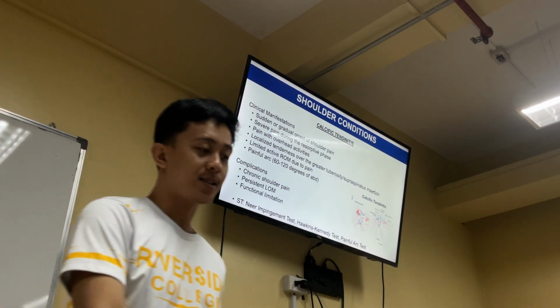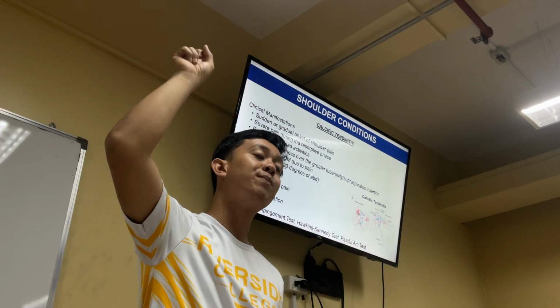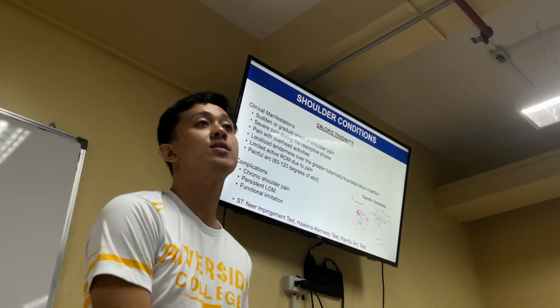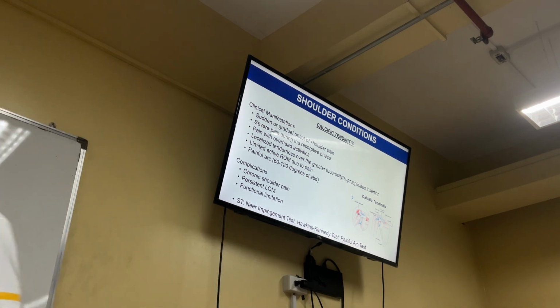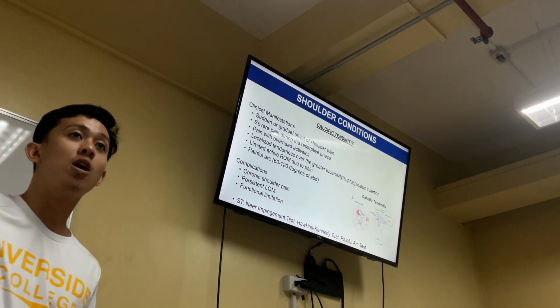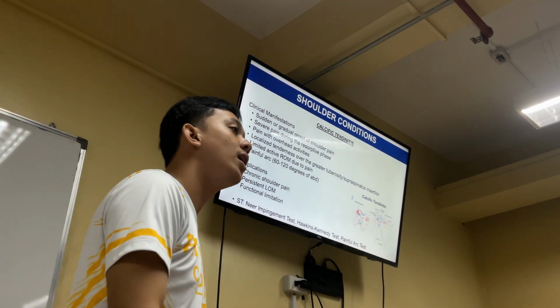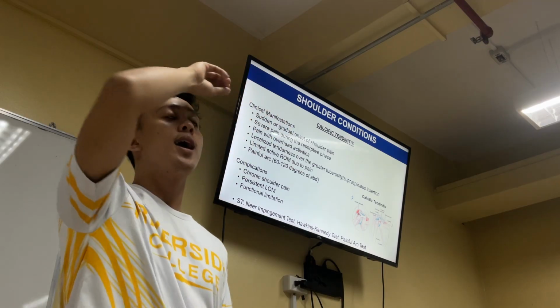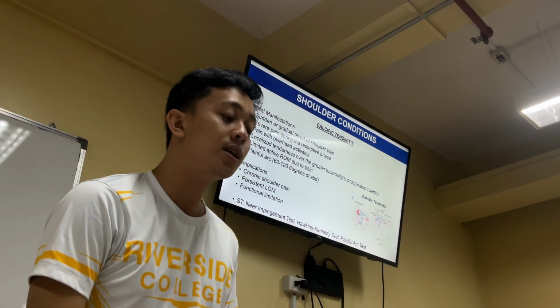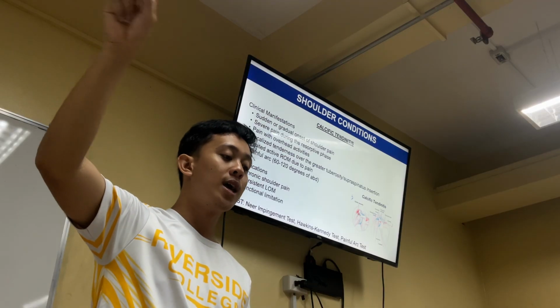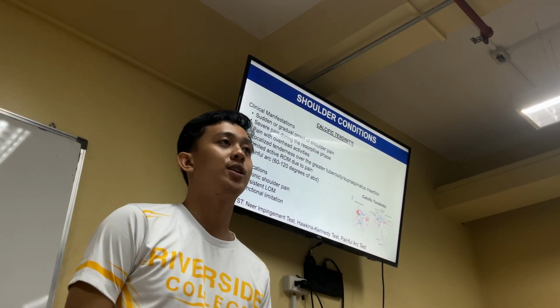Complication: the patient may experience chronic shoulder pain, since the process of calcific tendinitis does not happen overnight. It occurs over time because of degenerative changes and repetitive microtrauma, so there will be inflammation and development of calcium deposits. So: chronic shoulder pain, persistent limitation of motion, and functional limitation.